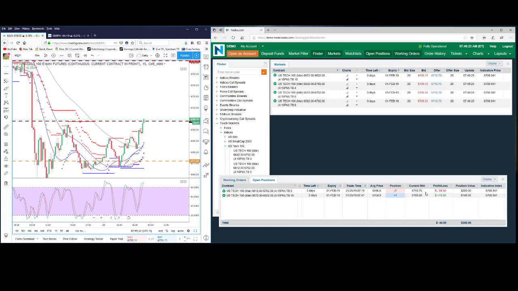You could actually say, I don't really like the way that candlestick's forming. You could take profits early, or you could exit the short position. There's a lot of different ways you can actually trade these.